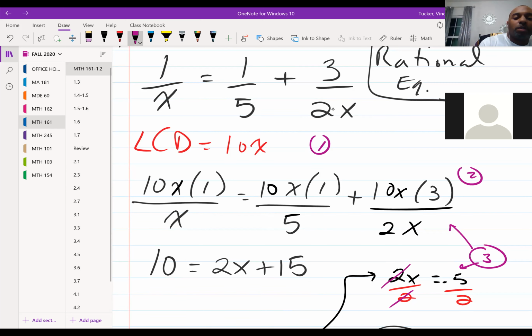So this x is going to cancel for us. 5 is going to cancel into 10 and leave you with 2. 2 is going to cancel into 10, leave you with 5, and those x's will cancel as well. So what you're left with is 10 times 1, which is 10, 2 times x times 1, which is 2x, and then 5 times 3, which is 15. So that's why we have 10 equal to 2x plus 15.